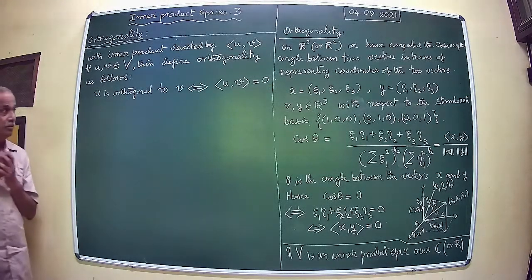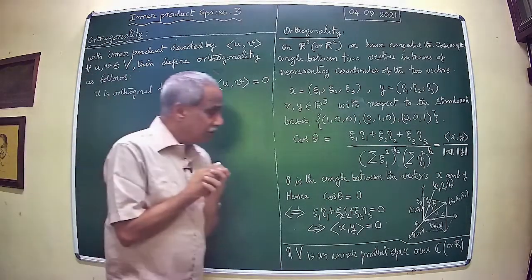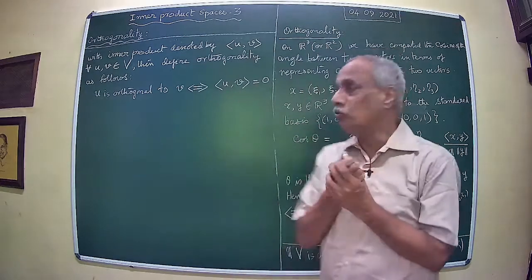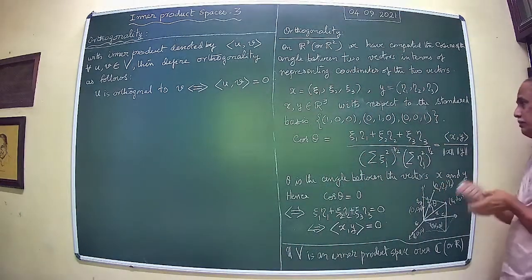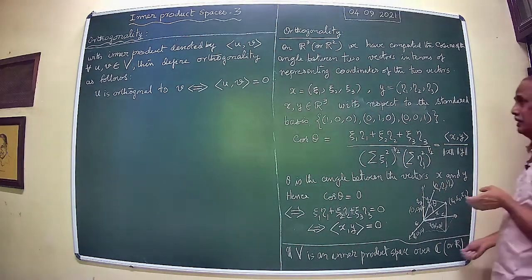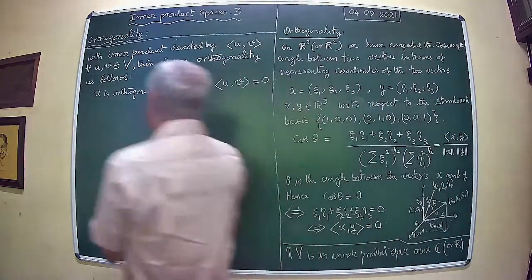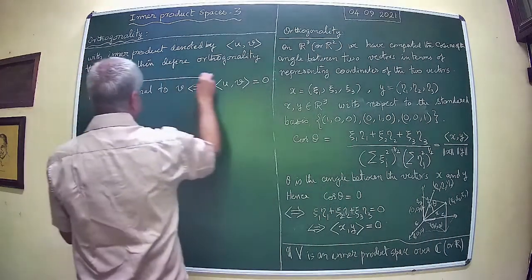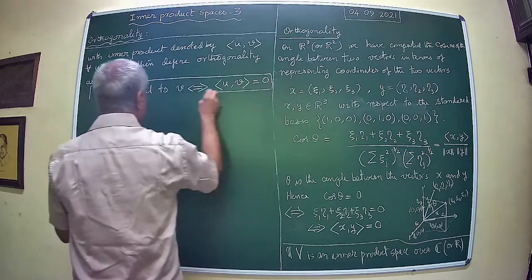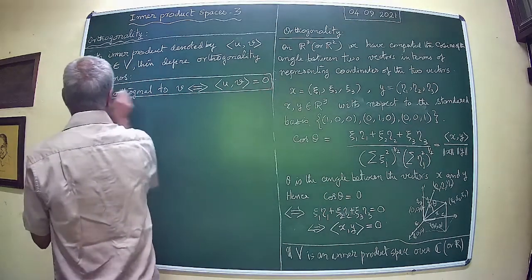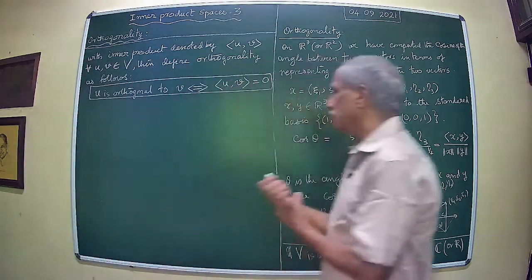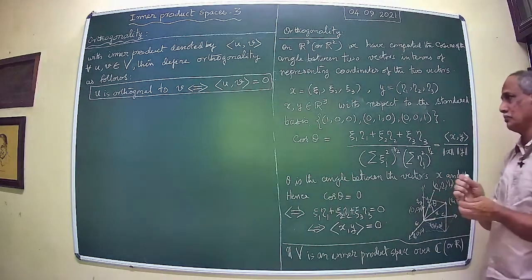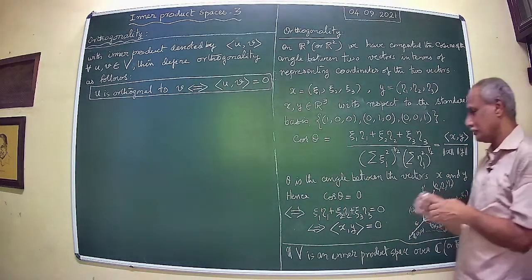Okay. Now, taking a clue from there, we now define what is called orthogonality. So you say that U is orthogonal to V if and only if this is the definition. And this checks with whatever experience we have over there. Okay.